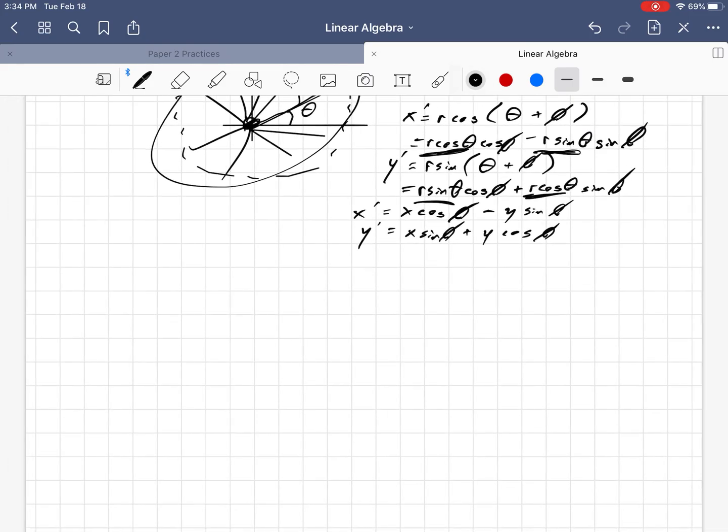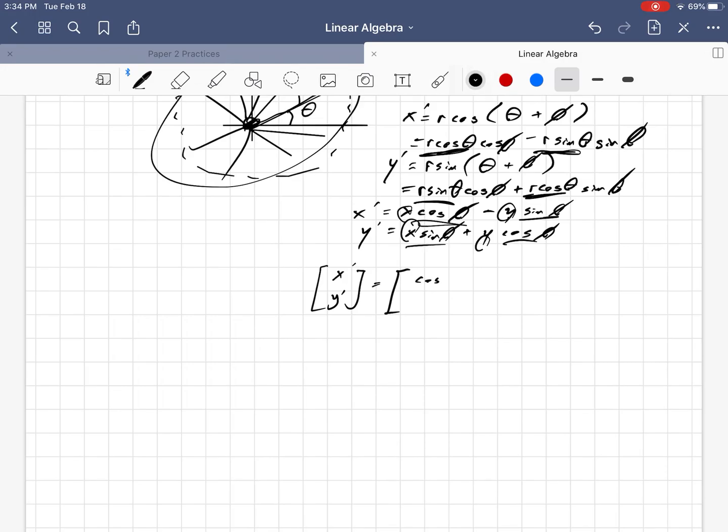So if we were to interpret this as a matrix equation, then the matrix equation we would get is that the matrix x prime y prime is equal to the matrix, and this is why I had my x's with my x's and my y's with my y's, because now I can just look at their coefficients here.